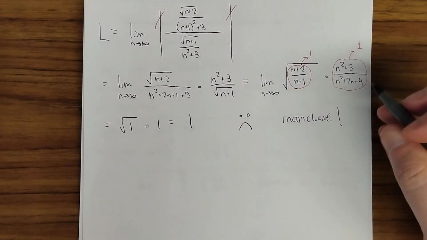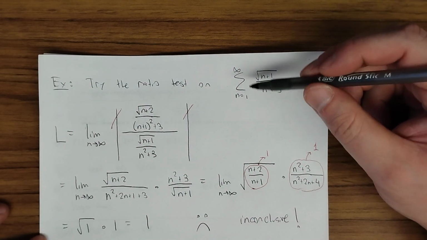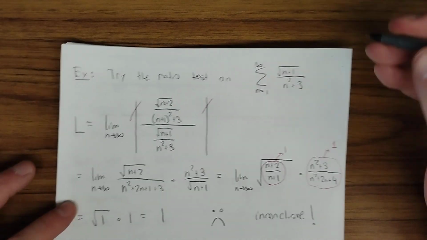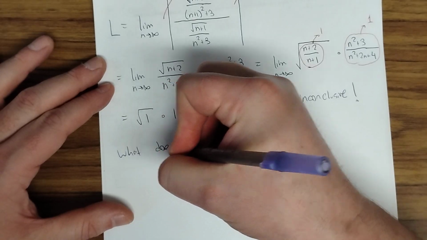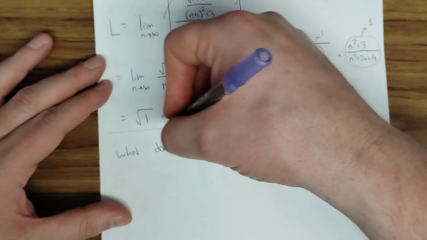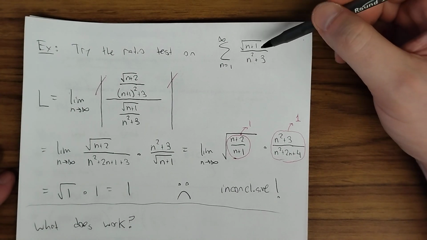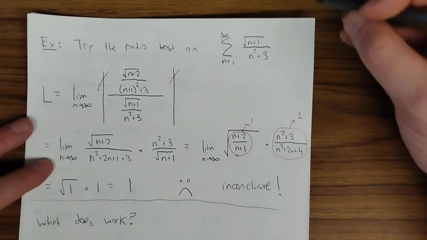So let me just real quick, I'm not going to actually show all the work for this, but let me tell you what does work. Something that we already learned. This looks like it's going to be susceptible to the limit comparison test.